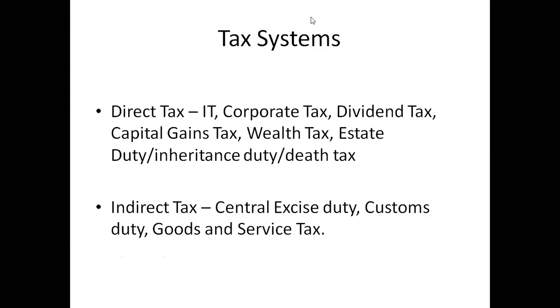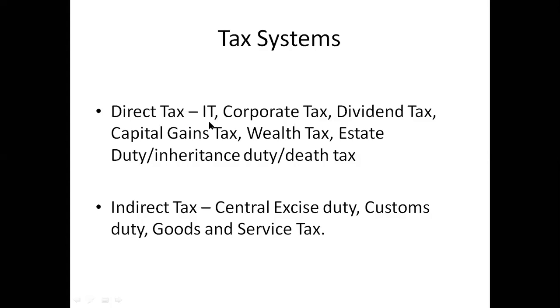Direct tax means the tax is directly imposed on individuals, and the person needs to know how much tax is payable. That person pays directly to the income tax department, and that is called direct tax. It is directly imposed on the particular taxpayer.